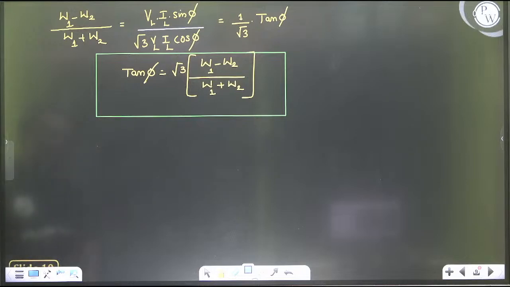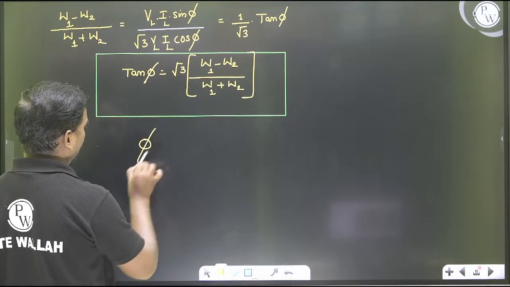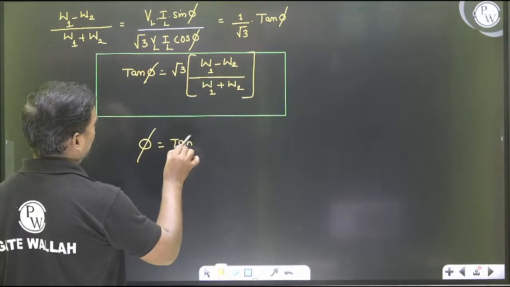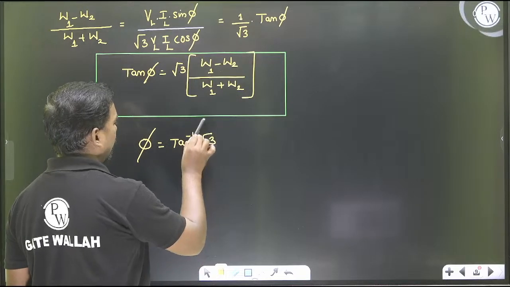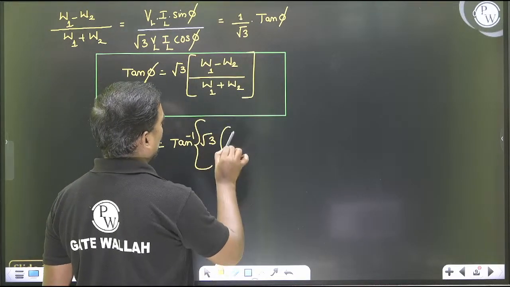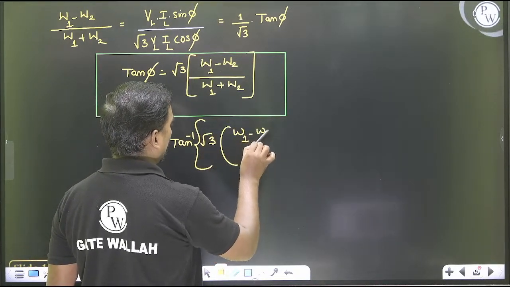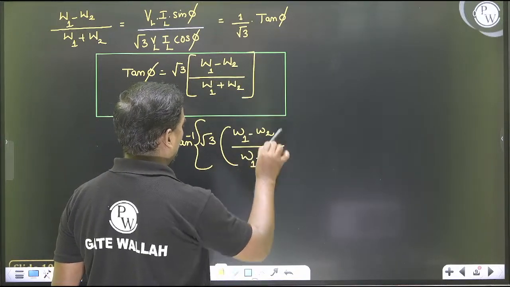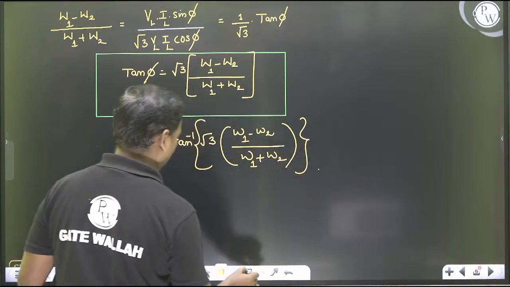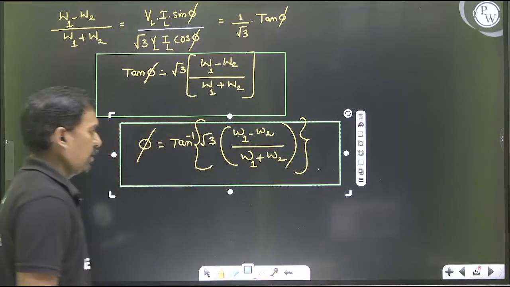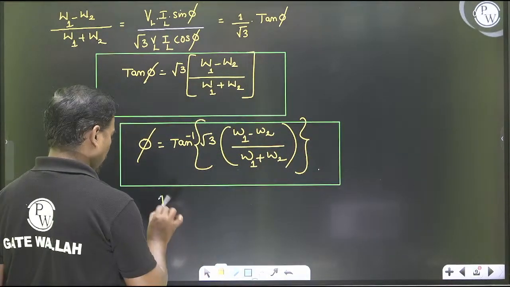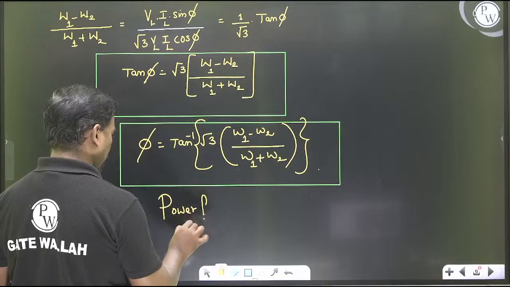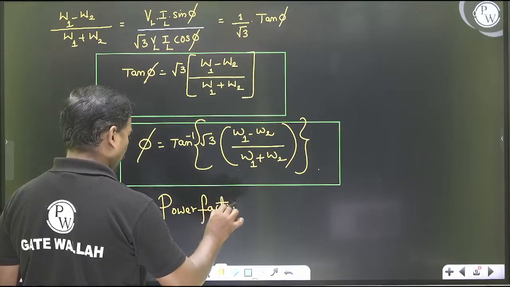Okay, so from this we can get the phi. Phi is equal to tan inverse of √3 into W1 minus W2 divided by W1 plus W2. So power factor means you can write cos phi.